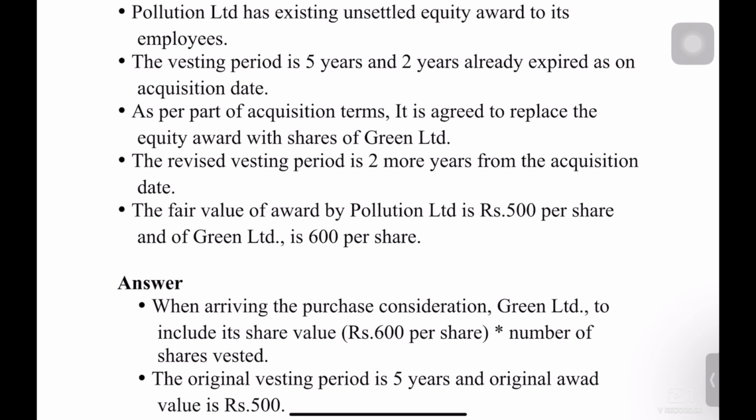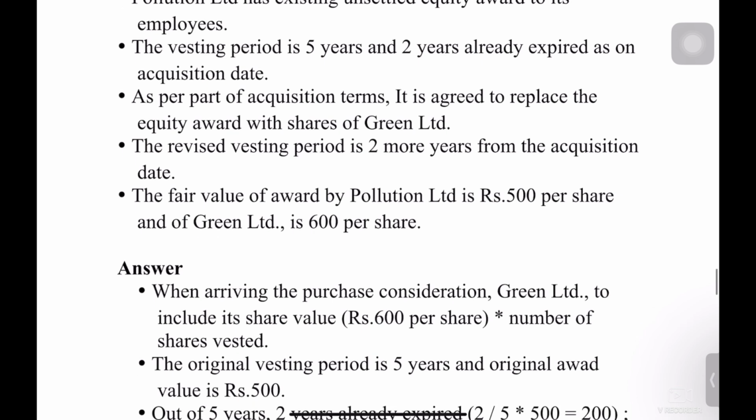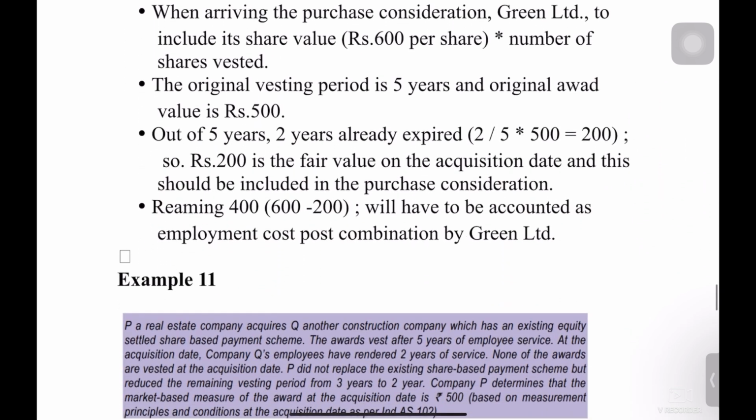As per acquisition terms, it is agreed to replace the equity award with shares of Green Limited. The revised vesting period is 2 more years from the acquisition date. The fair value of the award by Pollution Limited is 500 per share and of Green Limited is 600 per share. So this is what has been given. Now let's go through the answer.